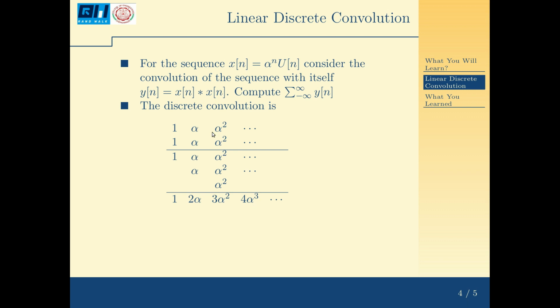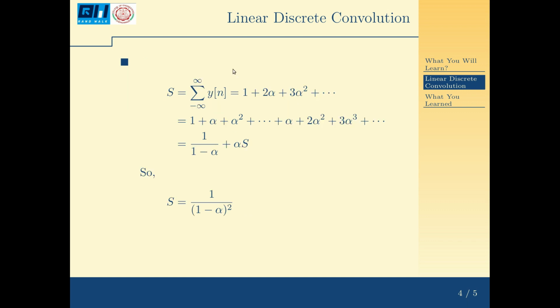So if I want to compute the sum of y[n], call it S, that is the sum from minus infinity to infinity of y[n], it will be 1 plus 2 alpha plus 3 alpha square plus 4 alpha cube plus etc. I can write this as 1 plus alpha square etc., plus alpha plus 2 alpha square plus 3 alpha square etc. Okay, I rewrite this equation.